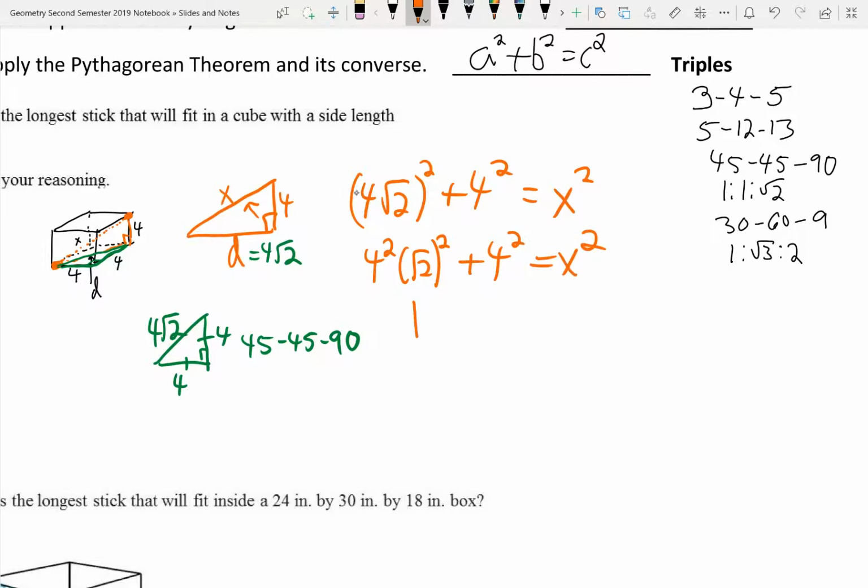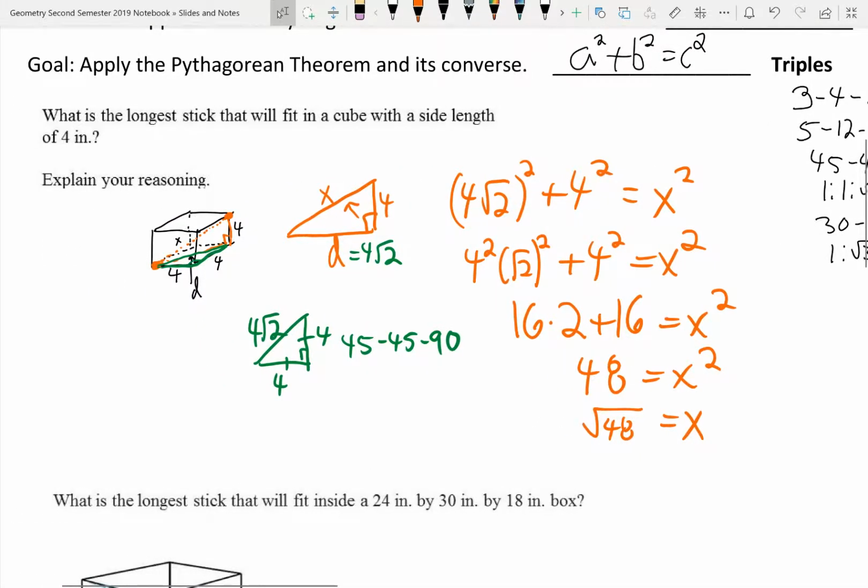And that's going to be 16, and then root 2 squared is 2. And so that's going to be 32 plus 16, that's 48. And then we'll do the square root of 48 equals x.